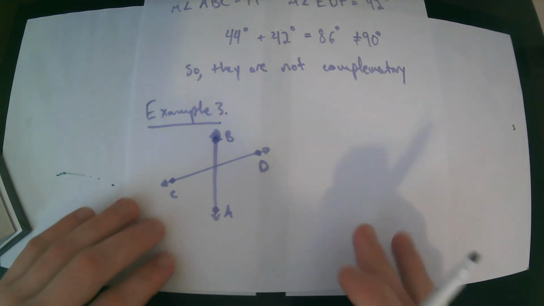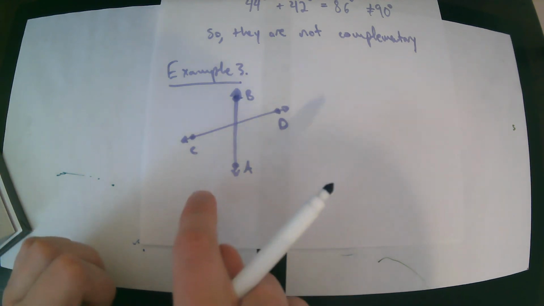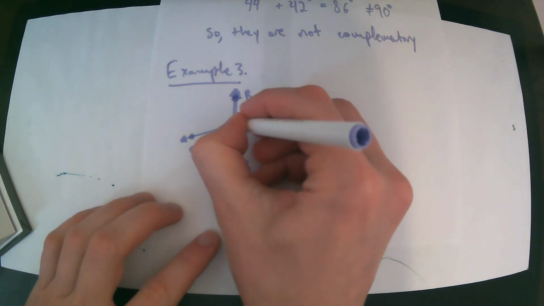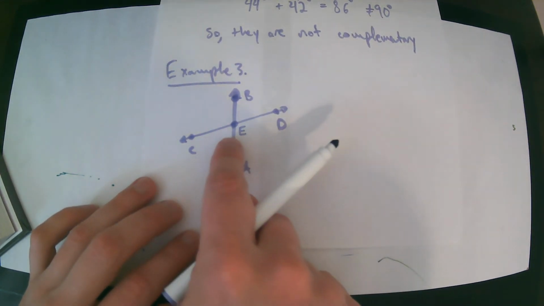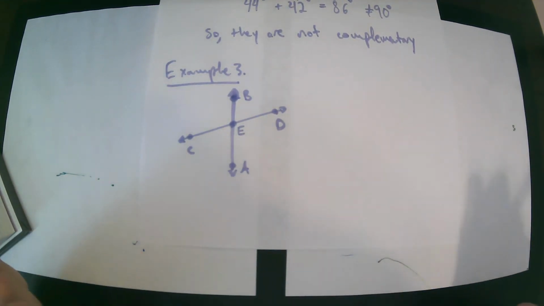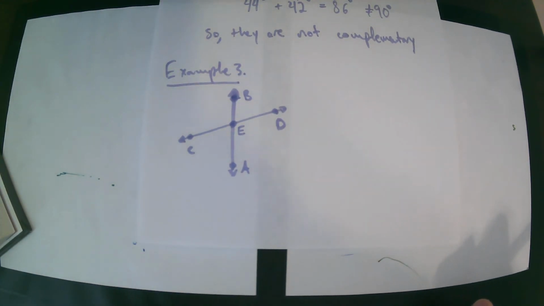Now if I want to talk about the angles formed by these two lines, I need to denote the vertex by something, so I'm going to use the letter E, which is exactly what the picture does. We want to use the definitions given in Table 3 to show that angle BED is supplementary to angle DEA.